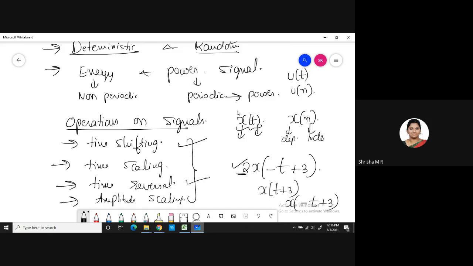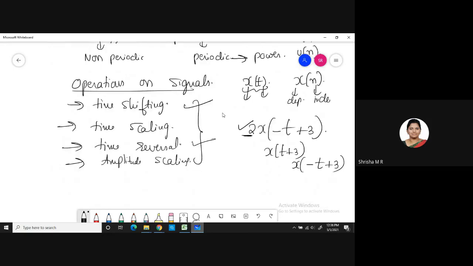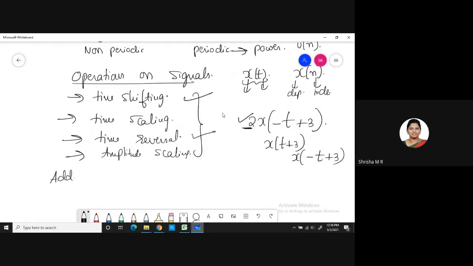So we have seen problems on this also, and we have seen addition of signals also: addition, multiplication, subtraction, integration, differentiation.